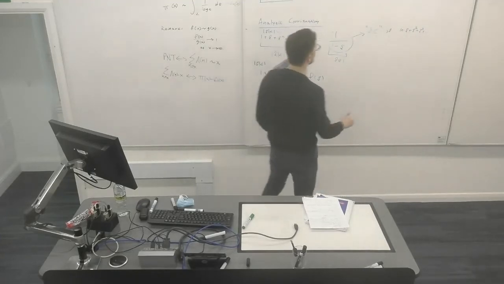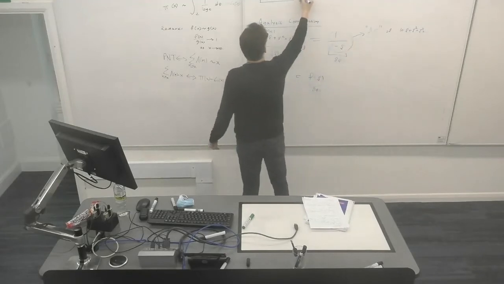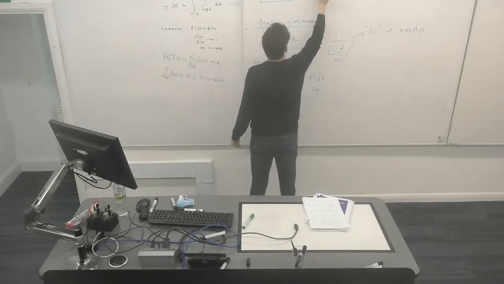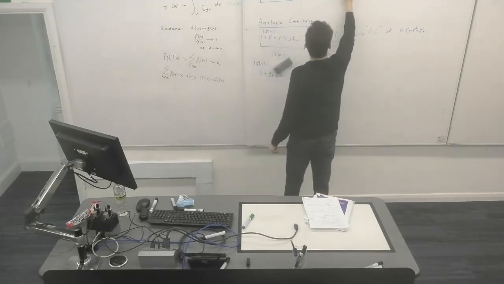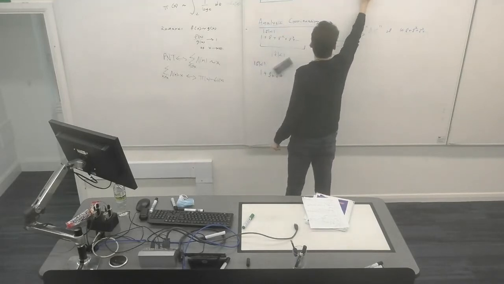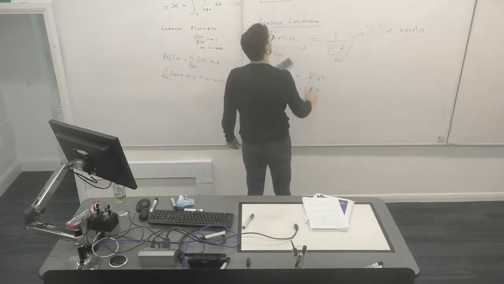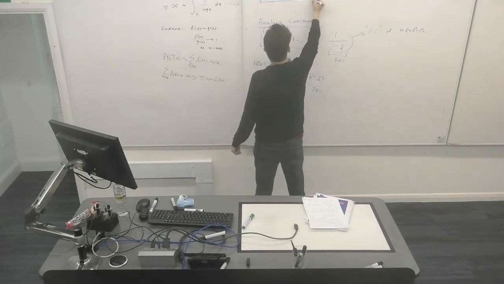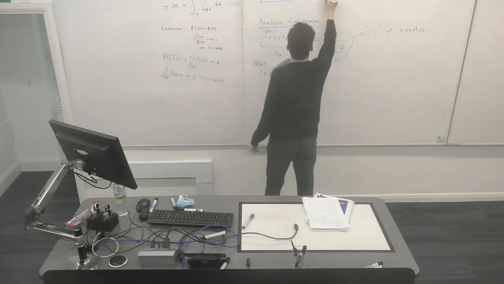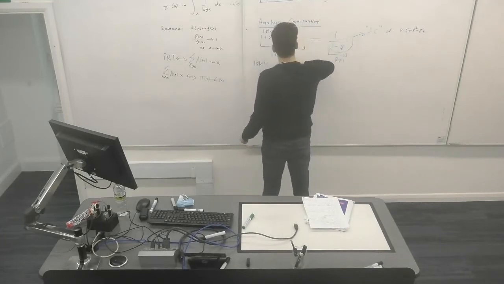So Riemann came and proved that the zeta function has an analytic continuation. And also, he proved that it satisfies what we call a functional equation.